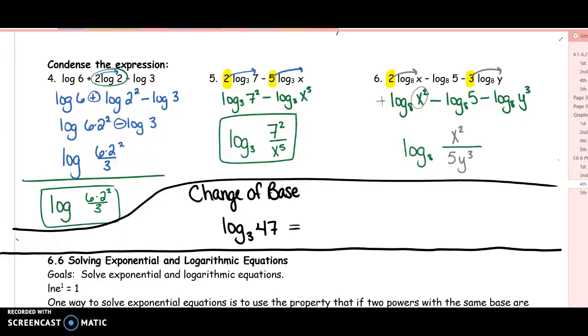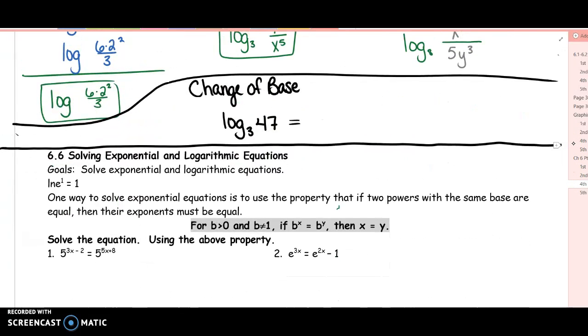If you have the log base 3 of 47 and you need to evaluate this in a normal calculator, you do log button 47 divided by log button 3. Log button on your calculator is base 10. This is base 3, so you can't type in log base 3 of 47.